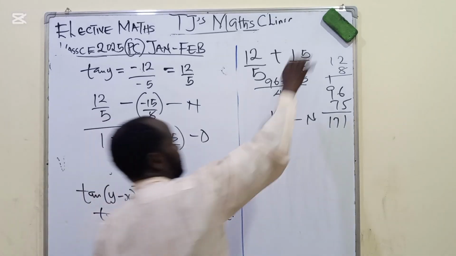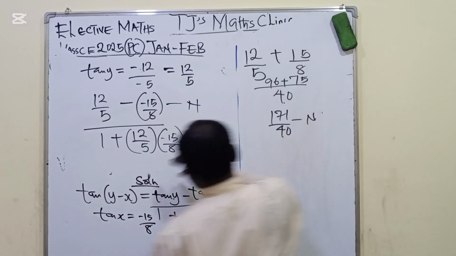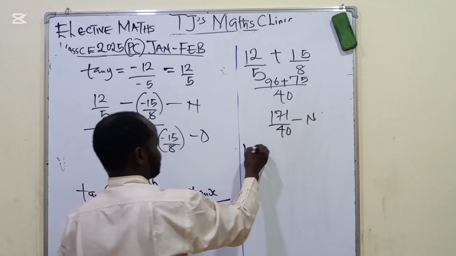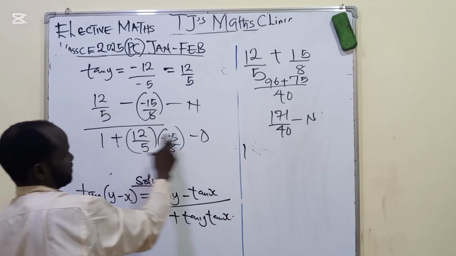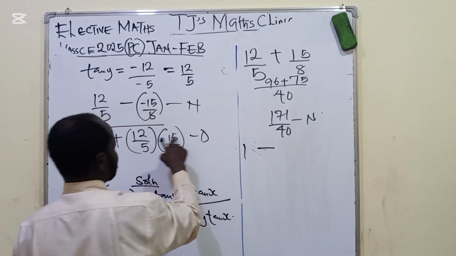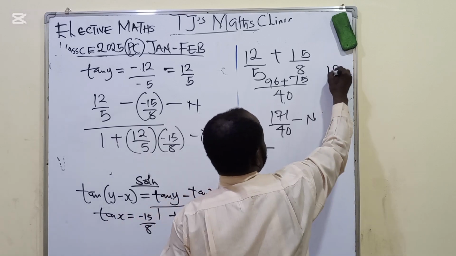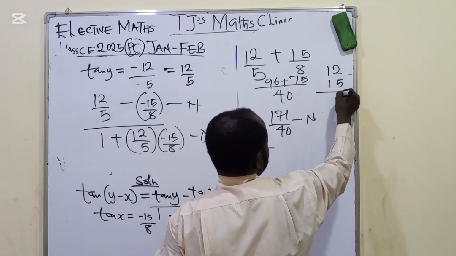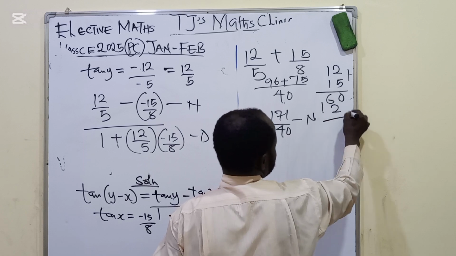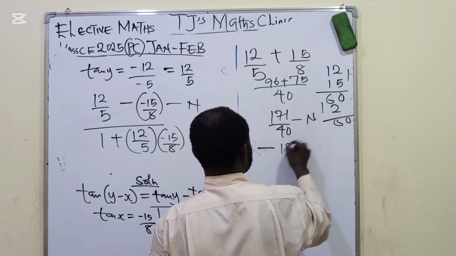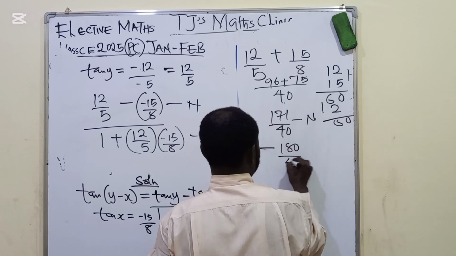Very important when we simplify. Let's pick our denominator. We have 1 plus, this will be positive times negative, it will be negative 12 times 15. 12 times 15 is 180, that will be 180 divided by 40.